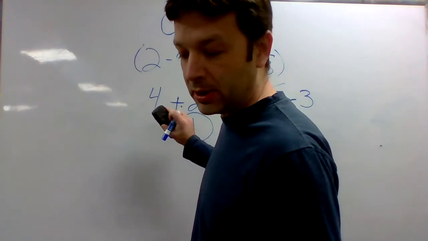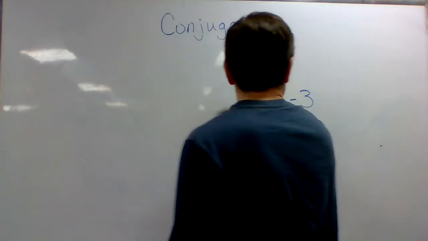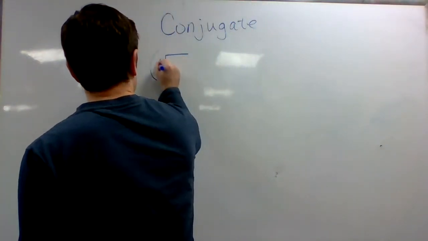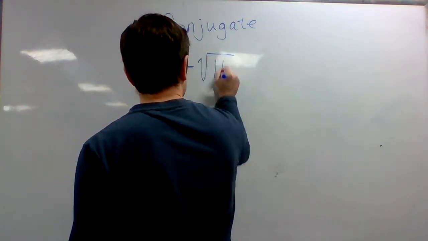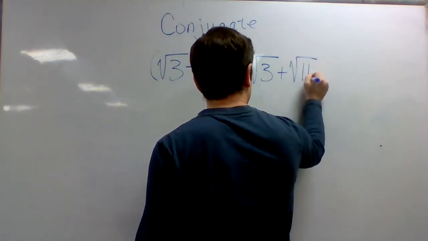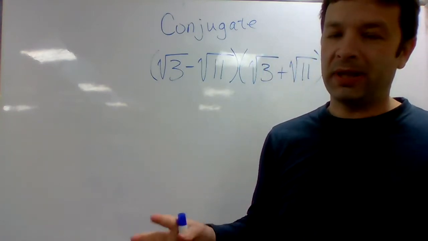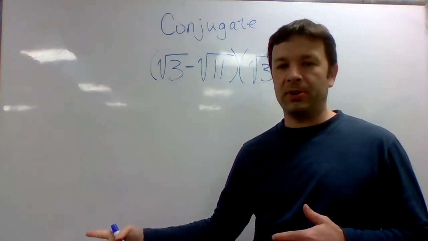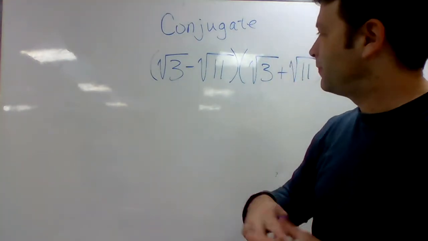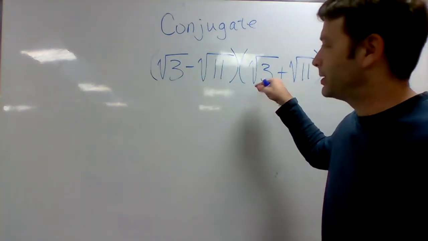Looks like another conjugate. It's square root of 3 minus square root of 11, times square root of 3 plus square root of 11. Okay, you can multiply square roots just like you multiply normal numbers. They can go together. You just can't multiply a normal number with the square root. They don't simplify well. So FOIL first, square root of 3 times square root of 3. Normal 3 again.